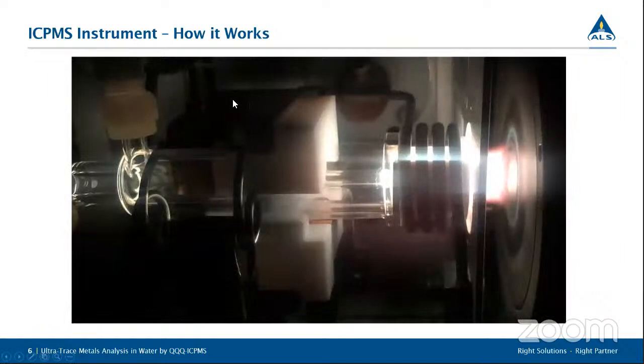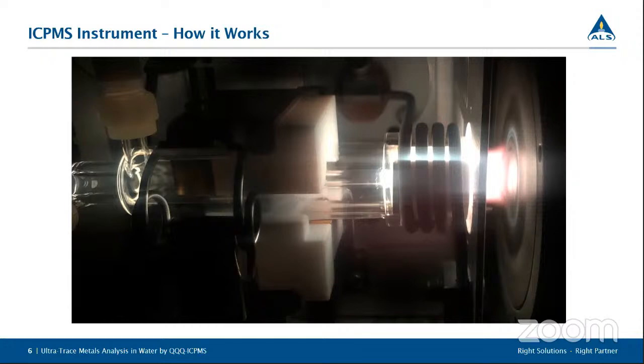All right, so this is just a picture of the interface region. You have the torch here, the argon plasma. This coil is the radio frequency coil, and it operates at about 25 megahertz, and that is what excites the argon gas to form the plasma.